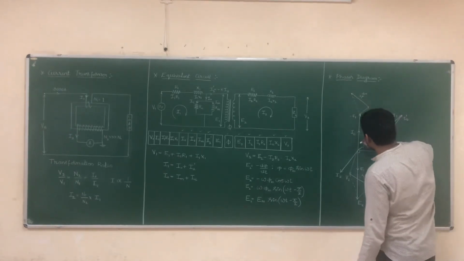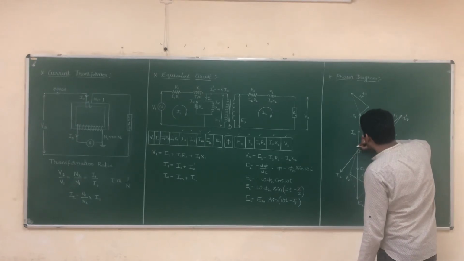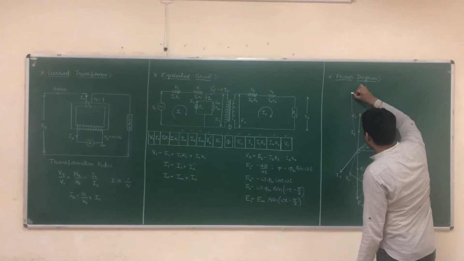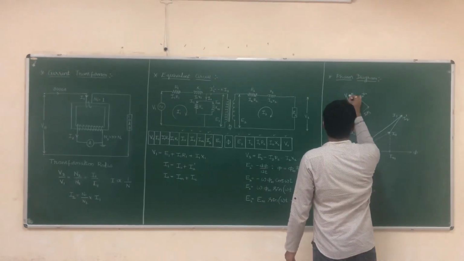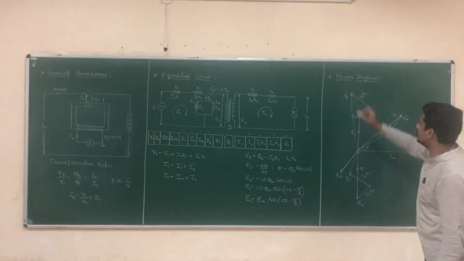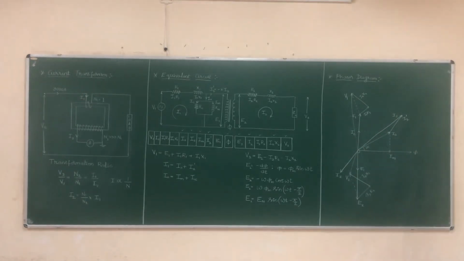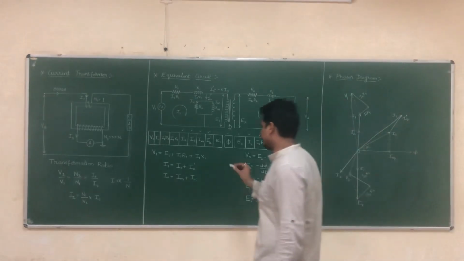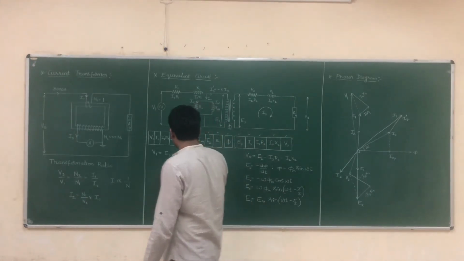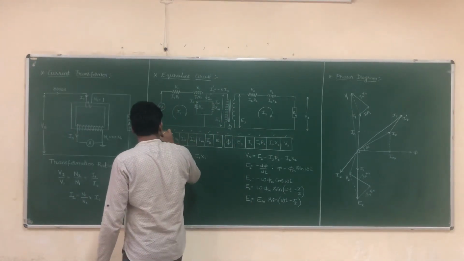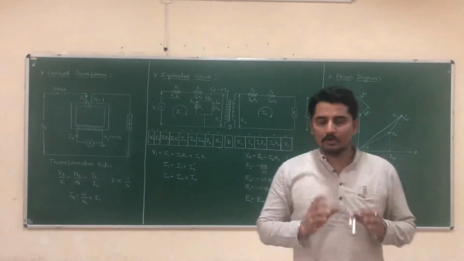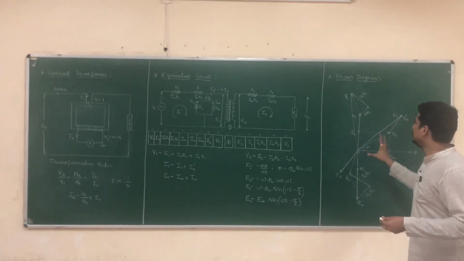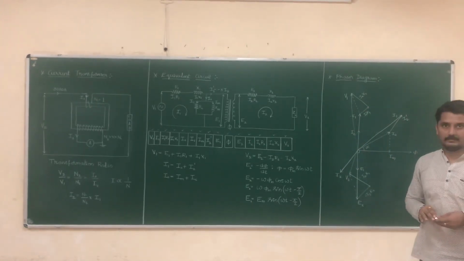If I join these two, this is my V1. Okay, this is the starting point and this is the ending point. So this is how we write the phasor diagram. Now we have completed all the parameters E1, I1 X1, I1 R1, I1 and V1. So we have represented all the parameters in the phasor diagram here. Thank you.